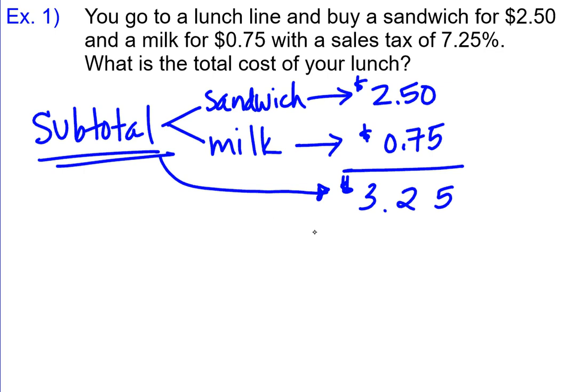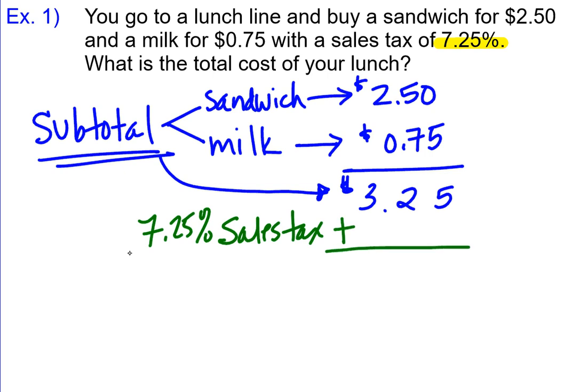So what I want to do is figure out how much the sales tax is. Our sales tax on this is going to be 7.25%. So I'm going to write that down here, 7.25%. What we're going to do with this number is add it to our subtotal, because then at that point we are going to have our total cost. Remember the title of this, sales tax and total cost.